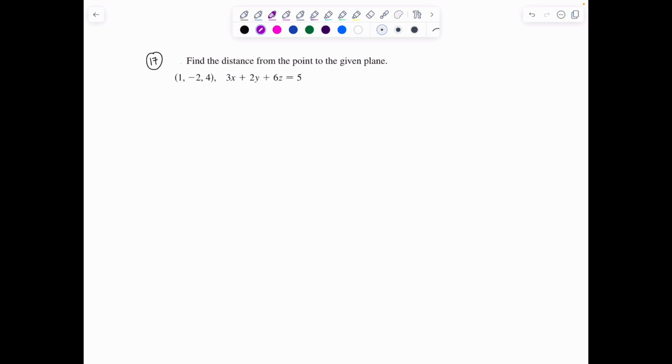Okay, find the distance from 1, -2, 4 to the plane that's given here. So I'm going to draw you a picture, and I recommend you do the same thing. So here's our plane. There's some point here, let's call it P, in space. And we want to know what the distance is from that point to our plane. Well, when we say distance, of course, we mean the shortest distance, right?